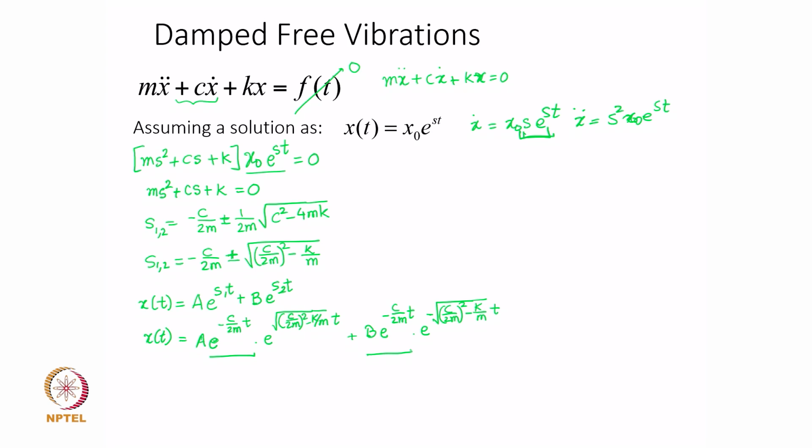Same here. Look at this term, this as well as this. Now, if I focus on that particular root, square root of c over 2 m square minus k over m.